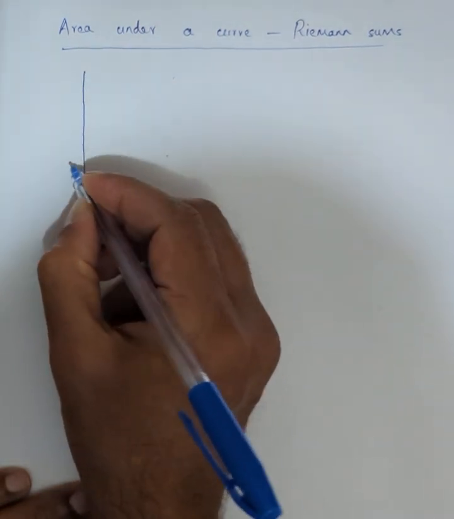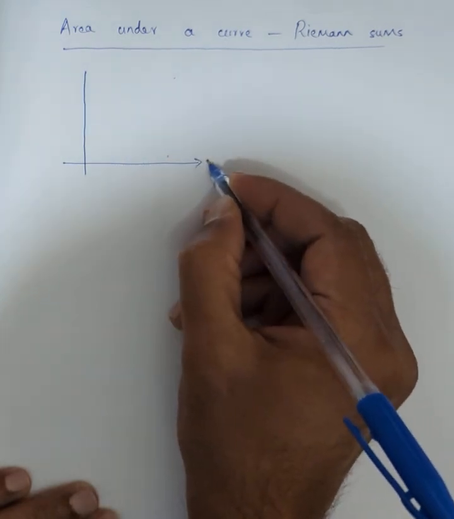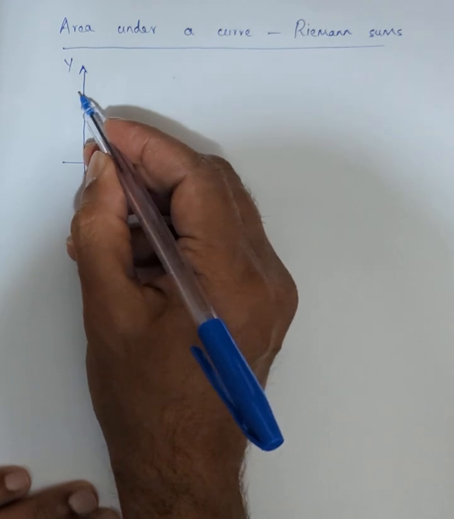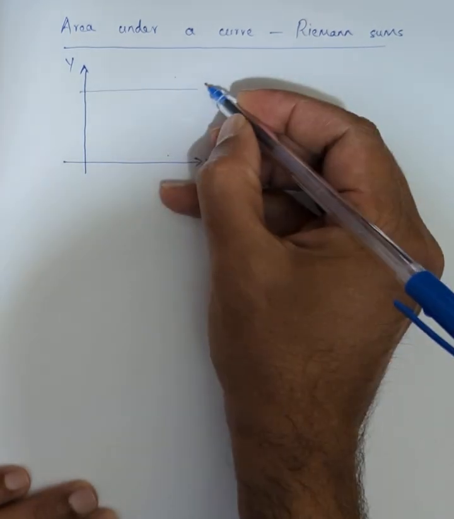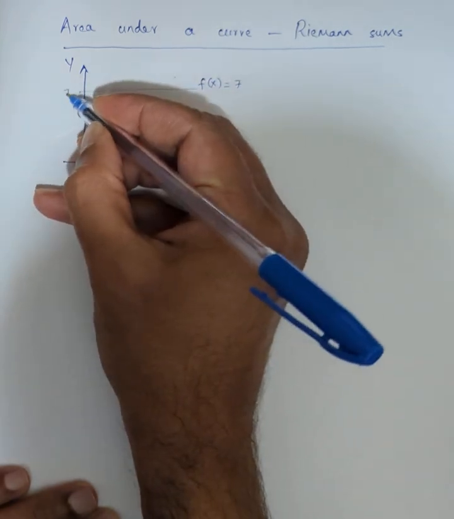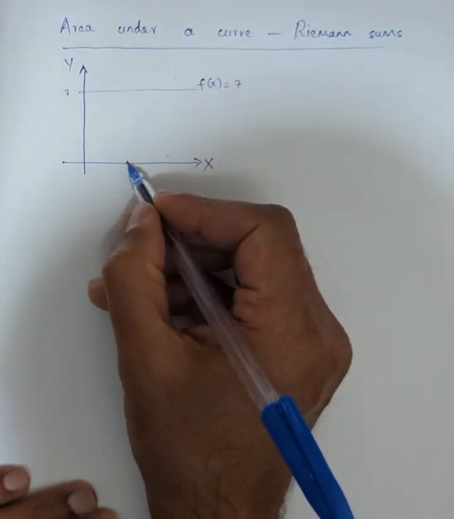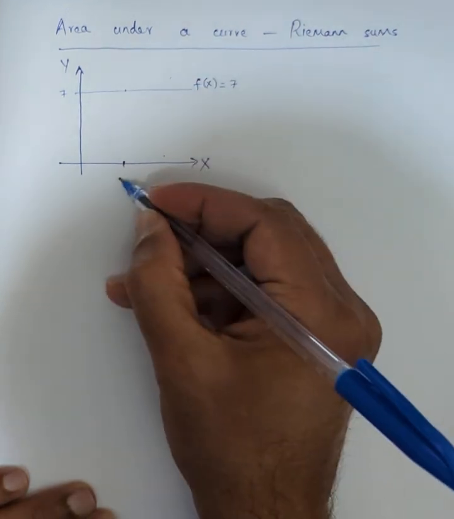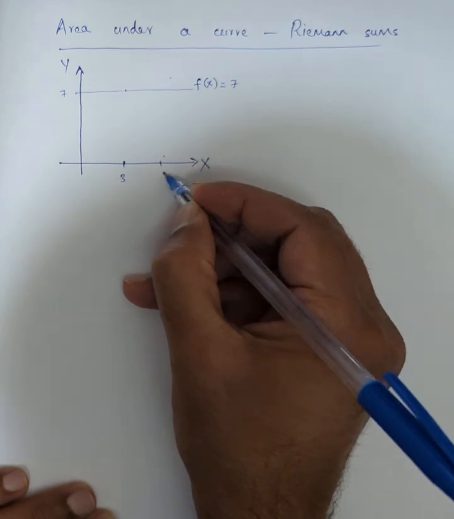Let's go ahead and draw our coordinate axis. And let's say we are dealing with this constant function f of x equals 7. So this is 7, and we are asked to find the area under the graph between x equal to 3 and 5.